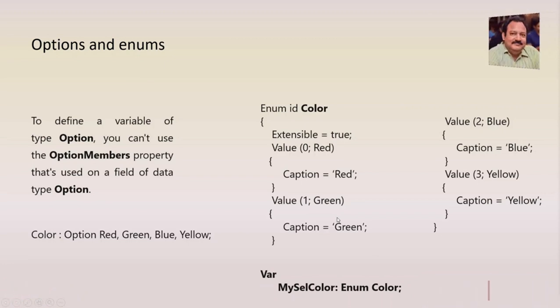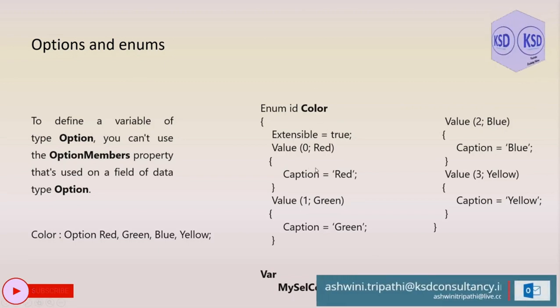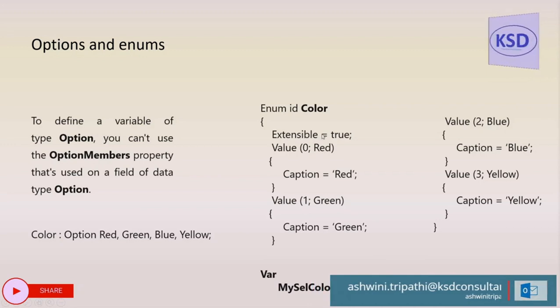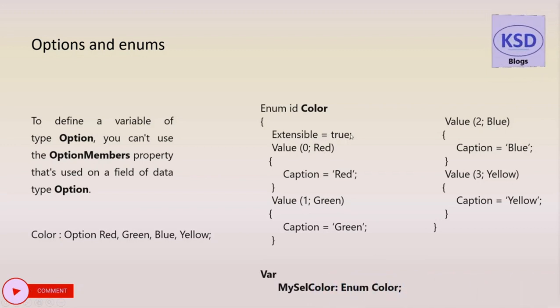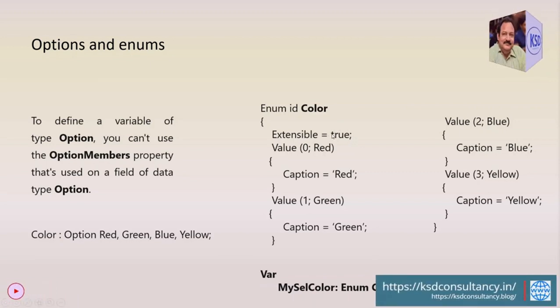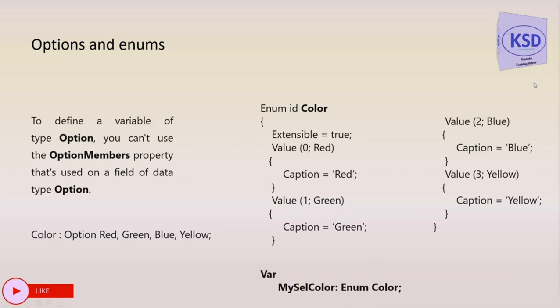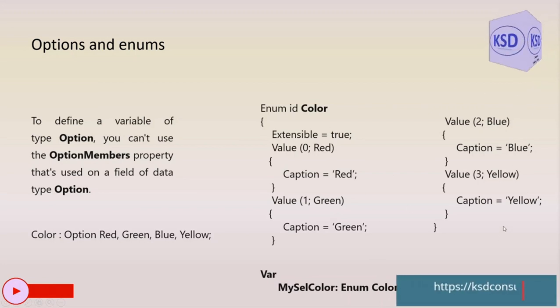So further in due course, if you want to extend the values, like at the time of definition you are having 4 values. Here you see Extensible equal to true, meaning this enum can be extended. If you set it as false, then it cannot be extended. So you have defined the values red, green, blue, yellow, 4 values.